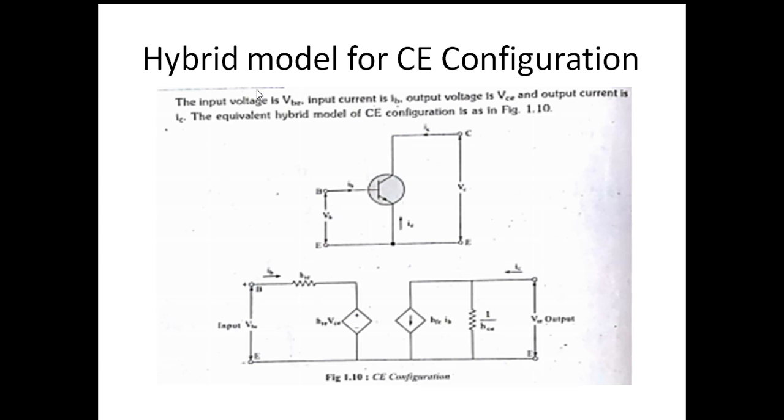So now, this is developed by using Kirchhoff current law. Kirchhoff current law is for IC. IC is equal to the combination of two currents. One is HFE-IB, where IB is the input current.